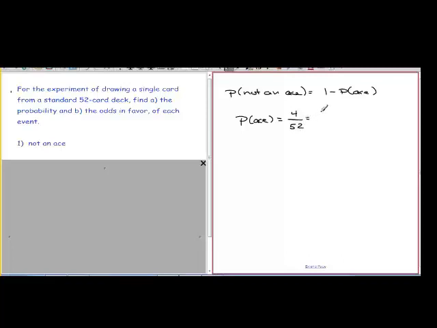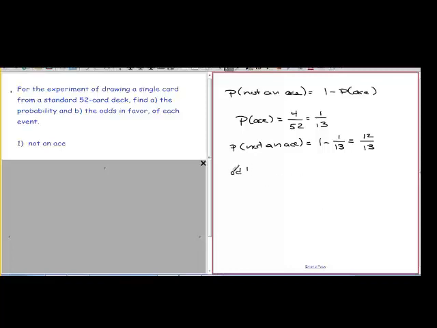And you can simplify that, and you get 1/13. If you divide both of those by 4, you get 1/13. So the probability of picking not an ace is going to be 1 minus 1/13, which is 12/13.